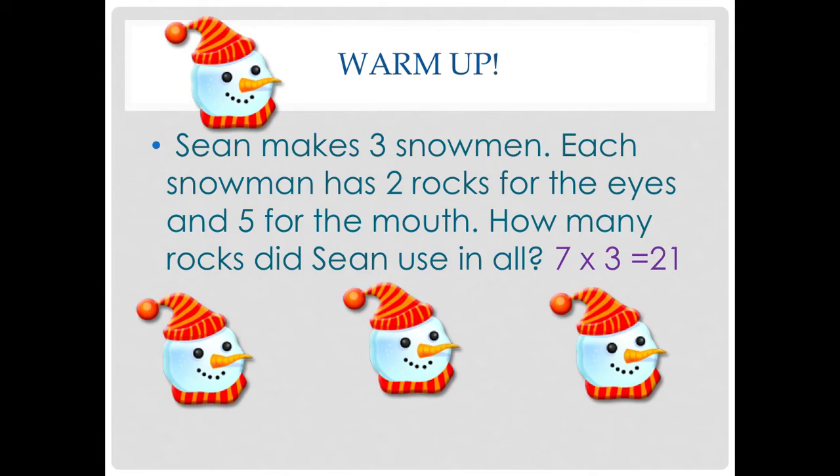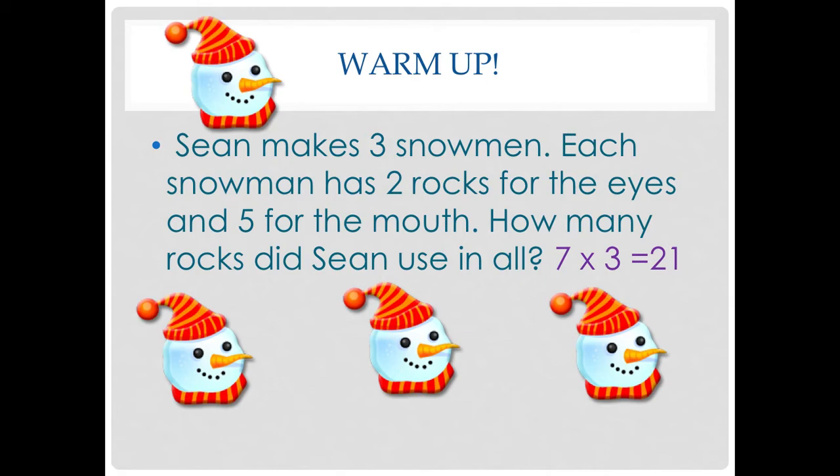Well, I want you to notice that I wrote the problem 7 times 3 equals 21. Now, you might question why. Well, if the snowman has 2 rocks for its eyes and 5 rocks for his mouth, each snowman has, let's count, 1, 2, 3, 4, 5, 6, 7 rocks on its face.